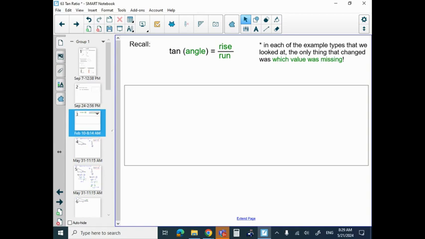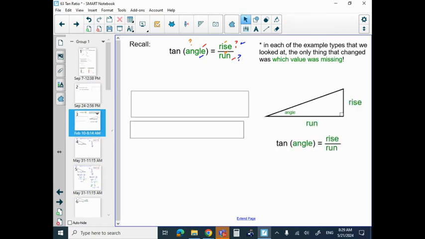Sometimes we'd be missing one value, in which case you'd be given all the others. Basically, any equation where you're missing one thing, you can solve for the missing piece, right? So it's just algebra at that point.